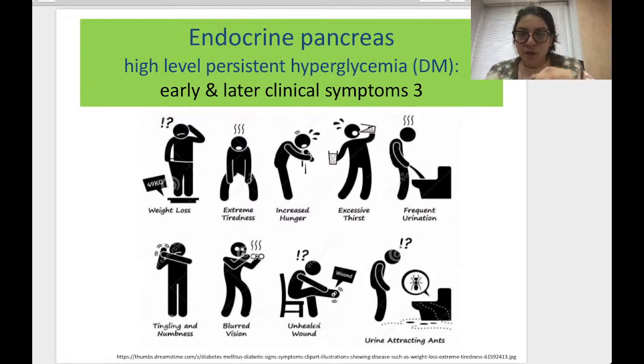It is the fourth typical symptom for diabetes mellitus. Additionally, for hyperglycemia, there can be extreme tiredness, increased hunger, excessive thirst, frequent urination, tingling and numbness, blurred vision, unhealed wounds, and for fun, urine attracting ants. Yes, why? Because it's sweet, it contains a lot of glucose.